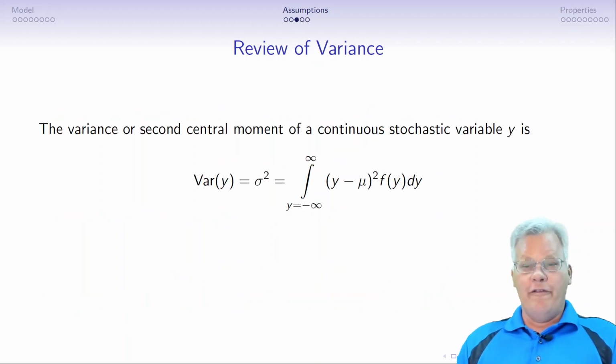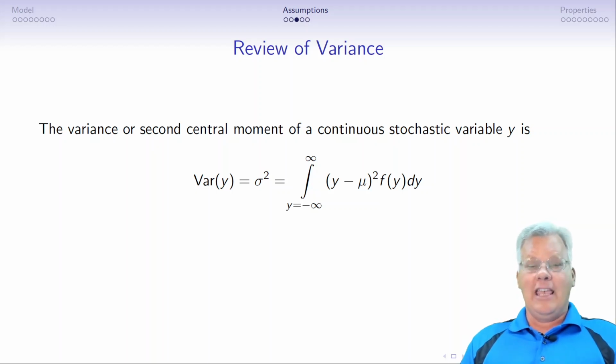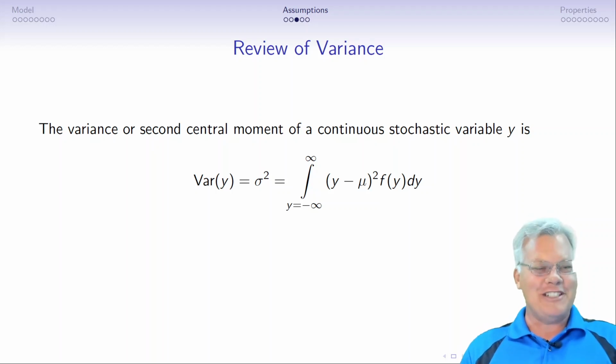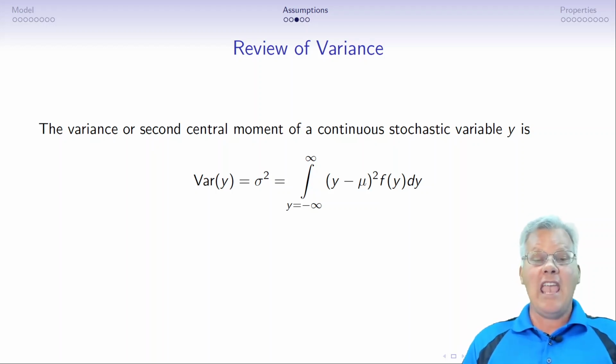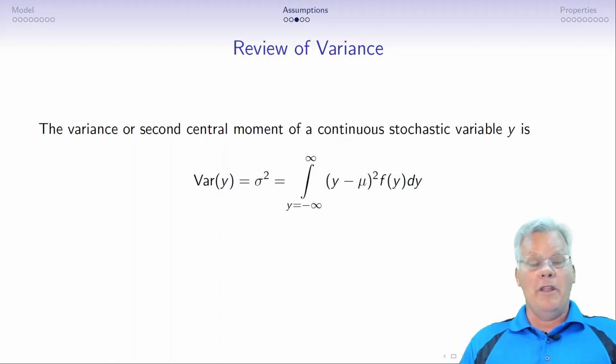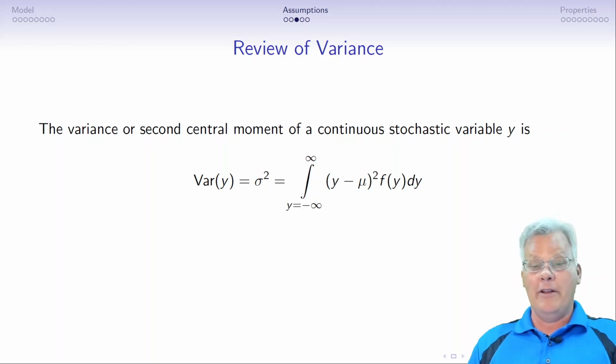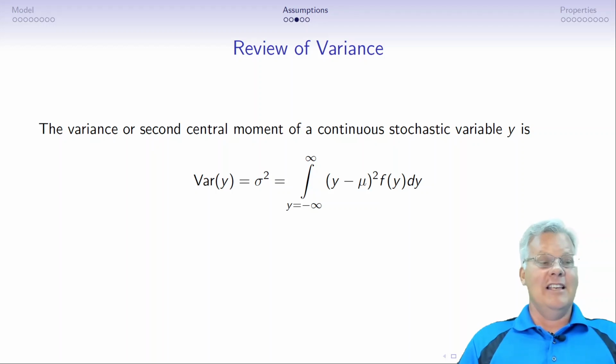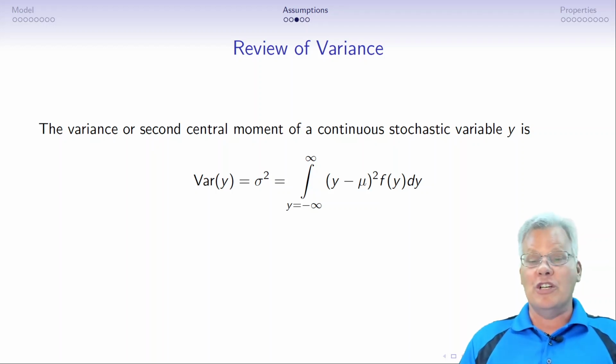To review variance, again, if we were pretending to be proper statisticians, what we would say is the variance is described by statisticians as the second central moment. A central moment means we are subtracting the mean, or the first moment, from the computation. The variance is a measurement of dispersion.